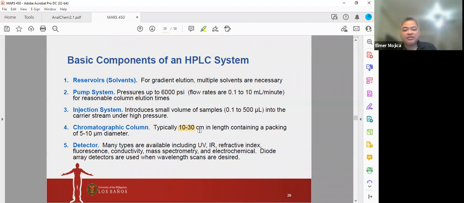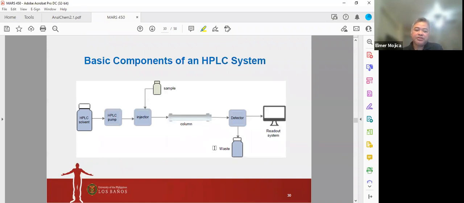Now the detector that you have, you can have UV, IR, refractive index, fluorescence, conductivity, mass spectrometry, or electrochemical detectors. Diode array detectors are used when wavelength scans are desired. So if you look at the basic components of an HPLC system, you have the solvent that serves as your mobile phase. The HPLC pump will push, or carry, the solvent, okay?